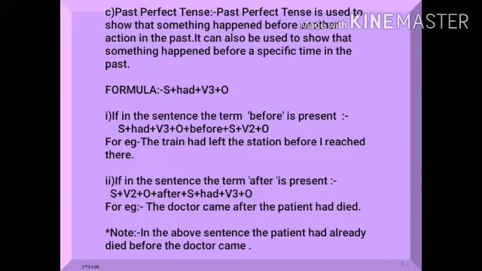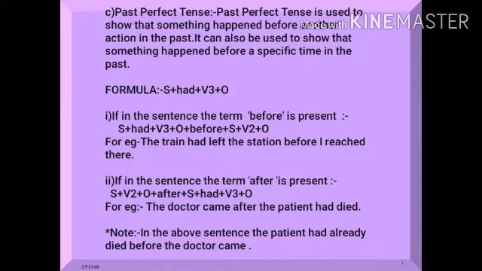Now the formula: you can see I have written subject plus had plus V3 plus object. This is the formula of past perfect tense, but I have divided the formula into 2 parts for your easiness. First, if in the sentence the term before is present, students please listen carefully.